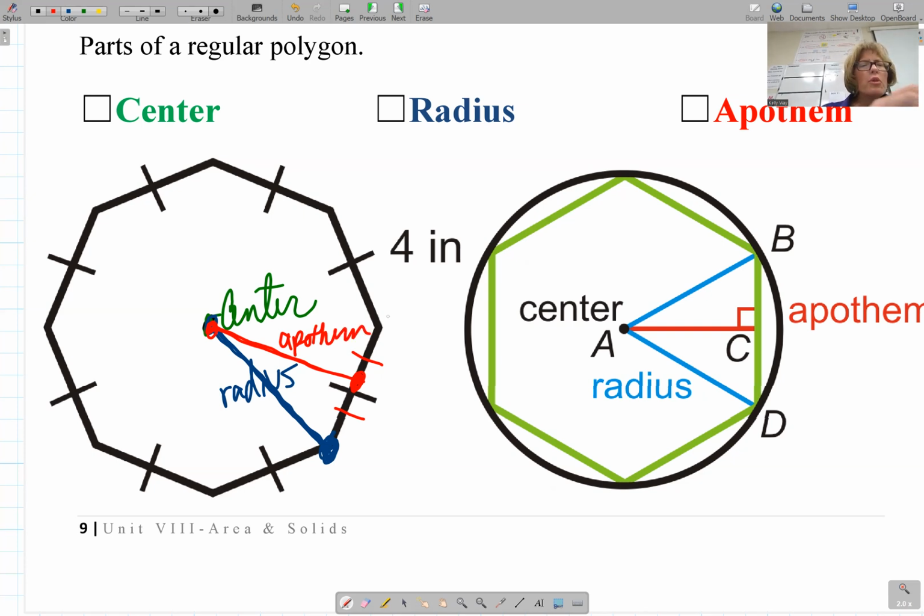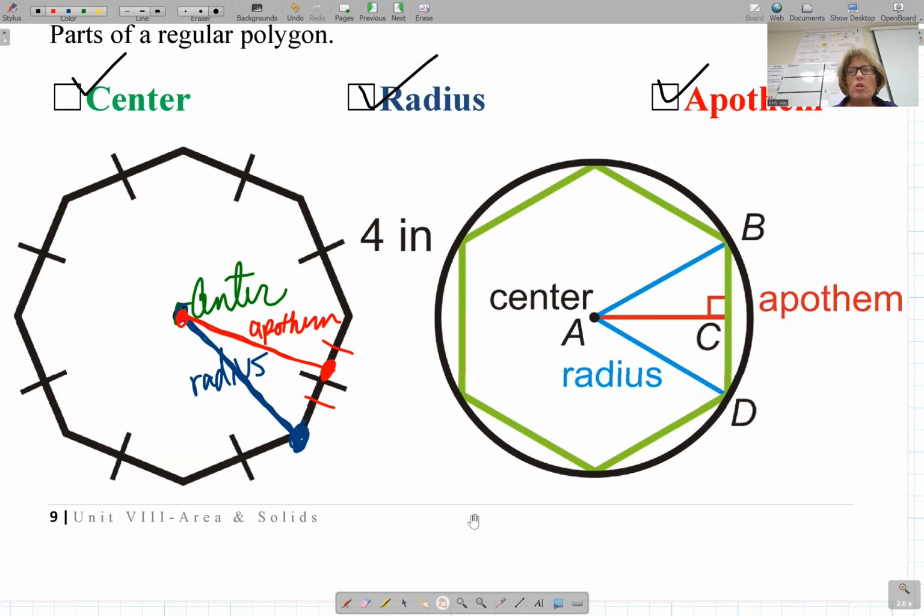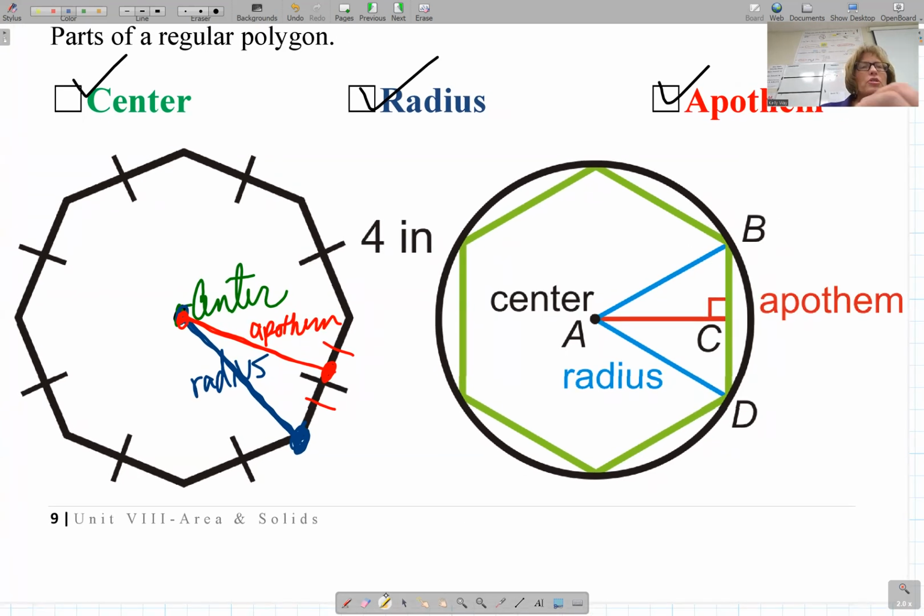So you've got three parts of a regular polygon you need to be familiar with: the center, the radius, and the apothem. I'm going to use the phrase apothem and apothem interchangeably. They are equivalent. It kind of depends on whether you're East Coast versus West Coast. So once again, trace center to corner, radius.